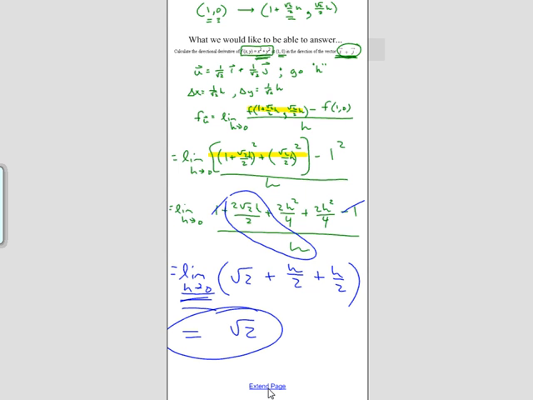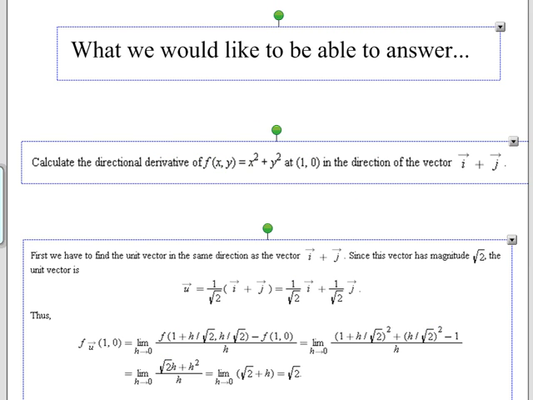That's what that directional derivative means. Well, that's tricky, and hopefully there's an easier way to solve that, and there in fact is, and we'll look at that right now. But here's maybe a cleaner solution.